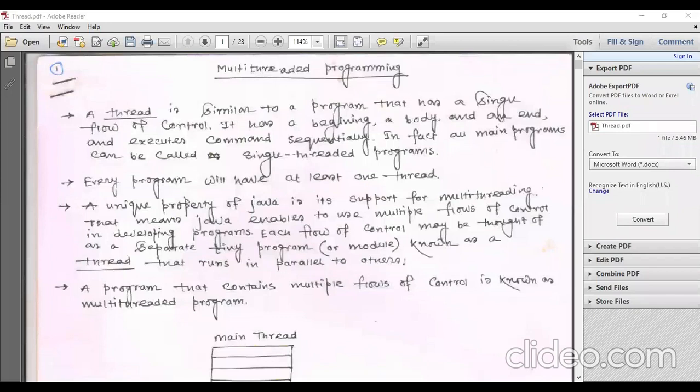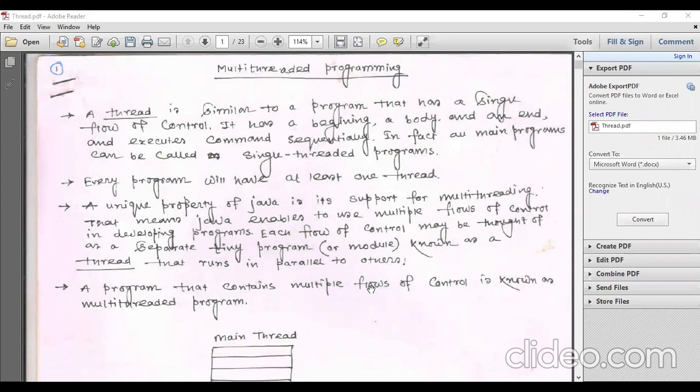It executes its commands sequentially, and so far the programs that we have written are all single threaded programs because they consist of only one thread, that is main. Better to say it's a main thread, and each and every program must have at least one thread. This part we discussed in my last lecture. There are two approaches to implement this thread concept in a Java program, and the beauty of Java is that it supports multi-threading.